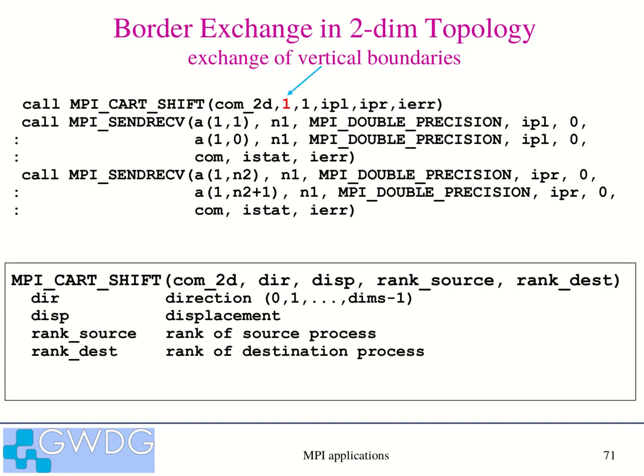Okay. So everything has been written correctly. And the vertical boundary is just a contiguous piece in the memory.